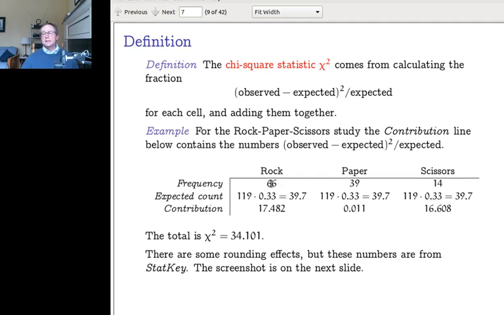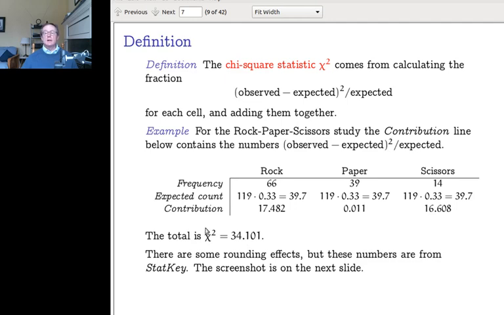So you take 66 minus 39.7, square it, and divide it by 39.7, and if I did the calculation right, you get 17.48. 39 minus 39.7, square it, divide it by 39.7. 14 minus 39.7, square it, divide it by 39.7. So I think those three numbers are right. When you add them up, the 17 plus the 0 plus the 16, you get 34.101.